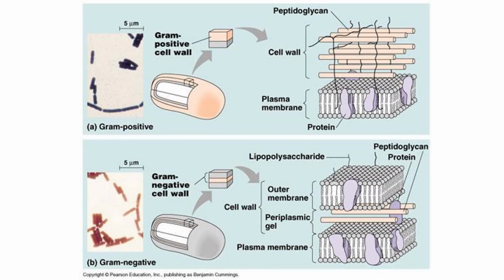Here we're seeing those structures again. So in gram-positive cells, we have that thick layer of peptidoglycan. The rods are representing the sugars, and then we have peptides that are holding them together, and we have proteins and lipids that are holding that to the plasma membrane. In gram-negative cells, we have that thin layer of peptidoglycan sandwiched between two lipid bilayers.